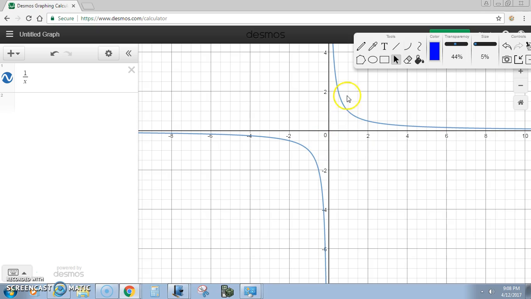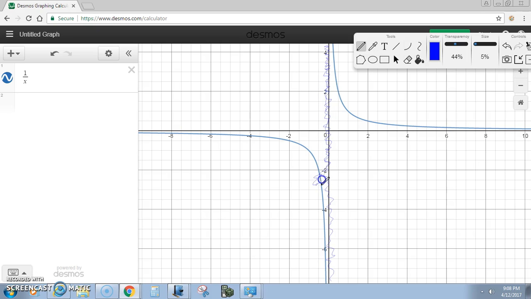And my vertical asymptote is going to be where x is equal to 0. I said y, I meant x. I'm sorry if you've been yelling at your computer for the past few seconds.